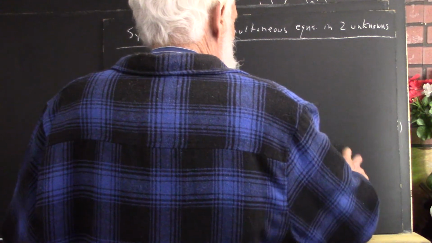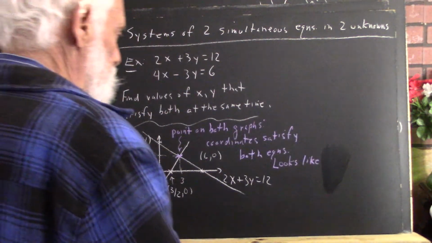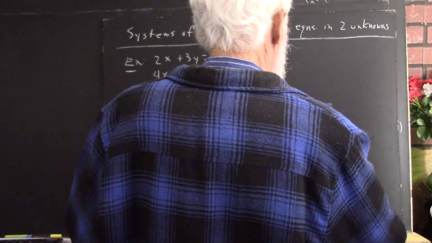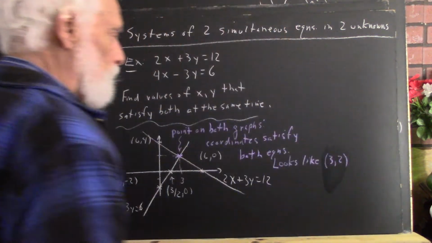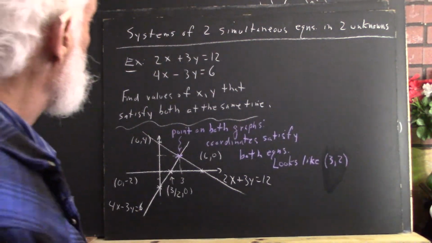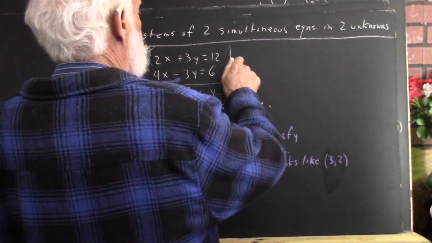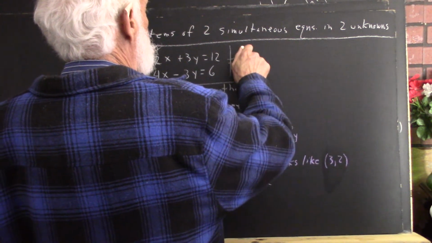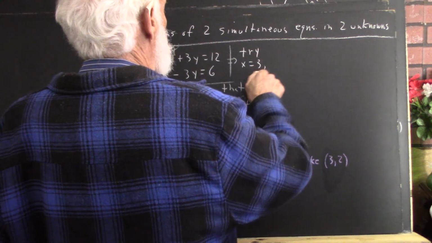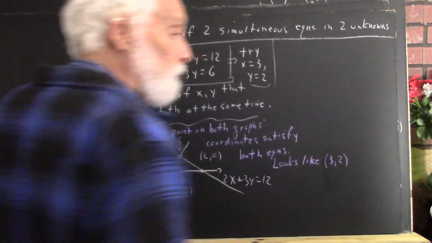Looks like the point (3, 2). So we're going to try that. Come back up to the equation. Try x equals 3, y equals 2.